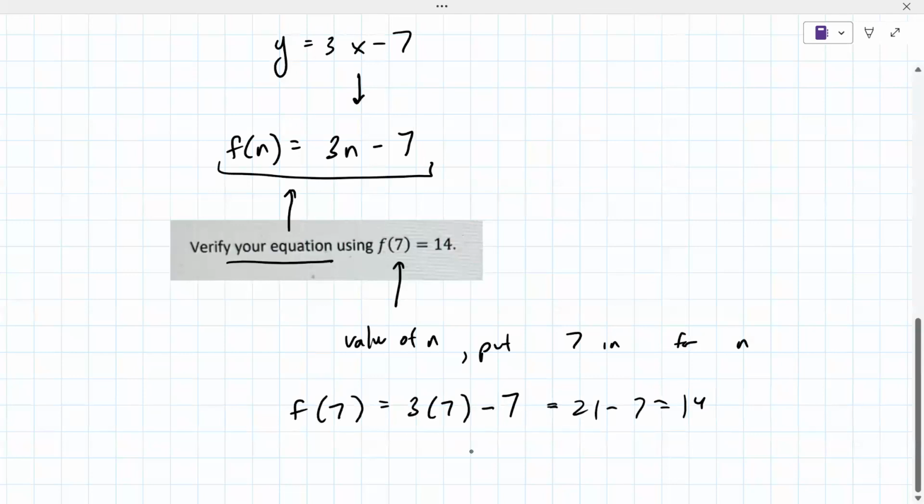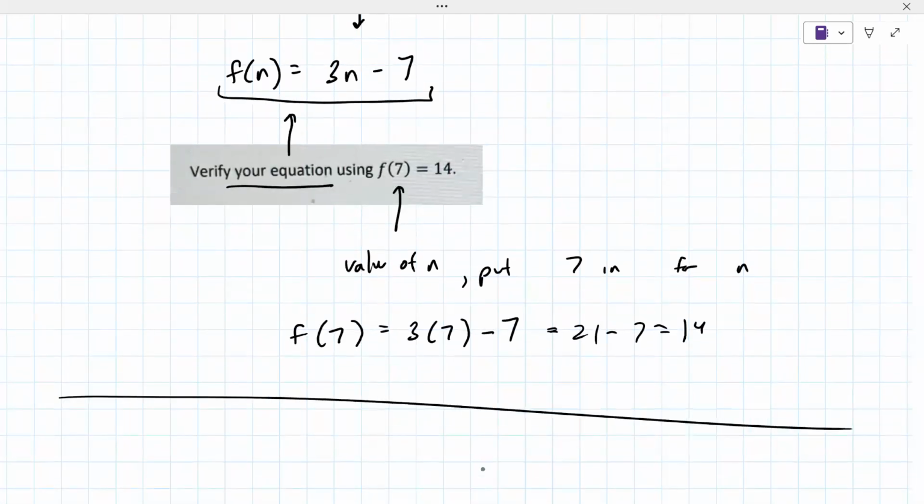Yes. Okay. Now, just to see if you understand what we're doing here, new question: could you calculate f of 9 for me, please? 20.